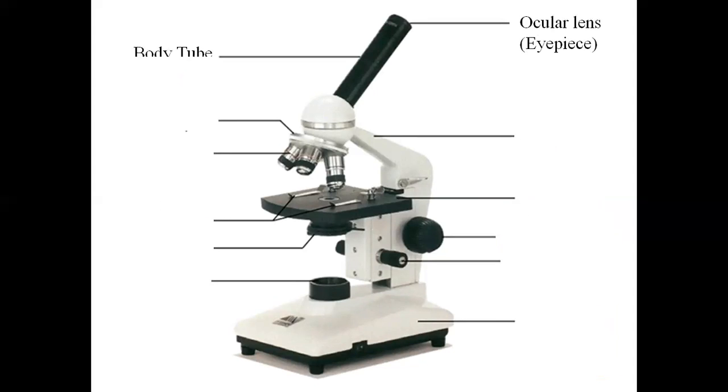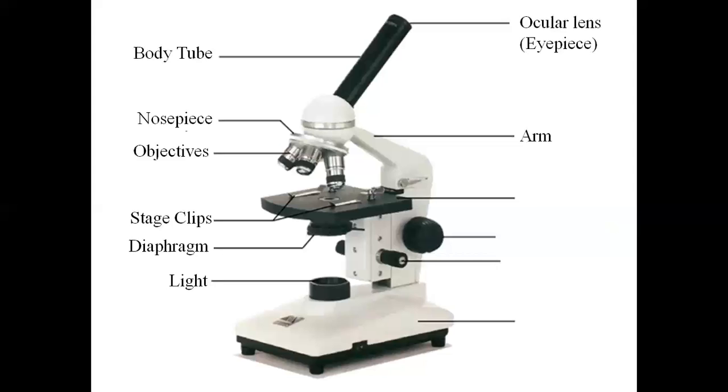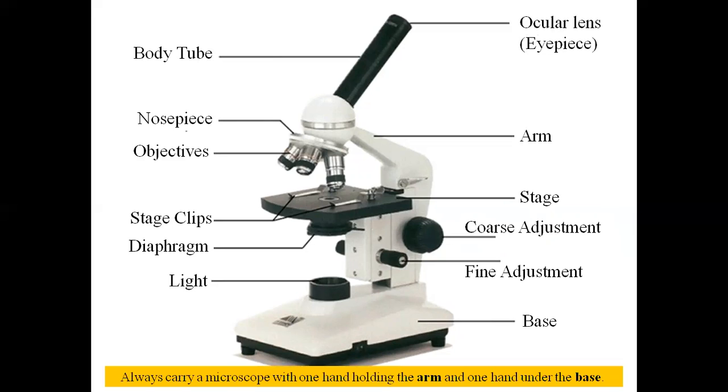We have ocular lenses, then the body tube, then objective lenses, stage clip, then diaphragm, then the light source, then the arm, by which we can hold the microscope, then the stage, which is used to put our slide, then the coarse adjustment, then the fine adjustment, and the base, which is very important for the microscope.